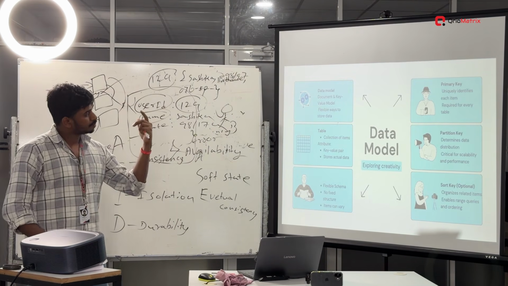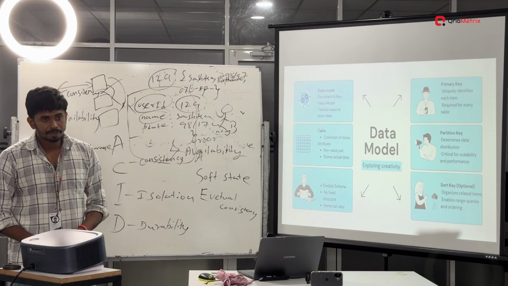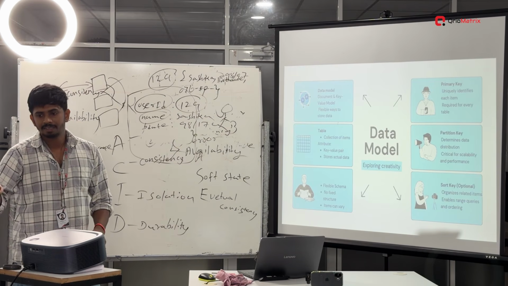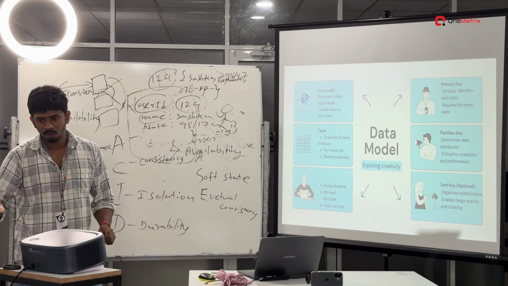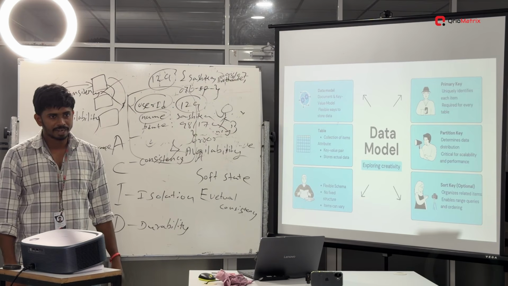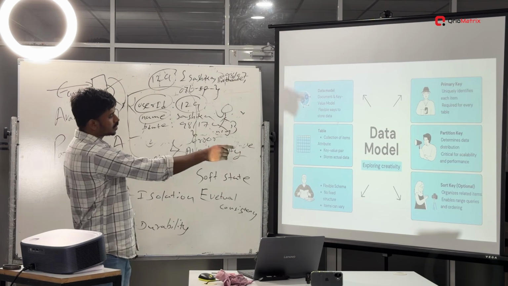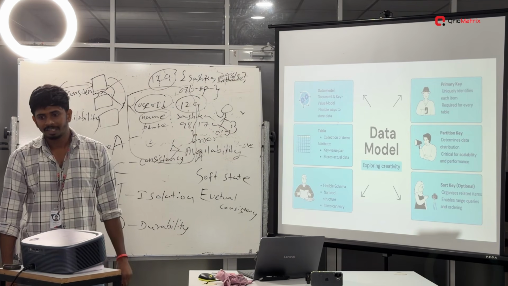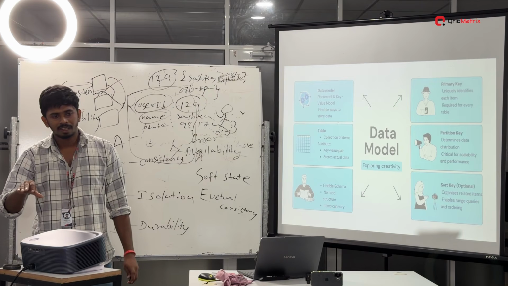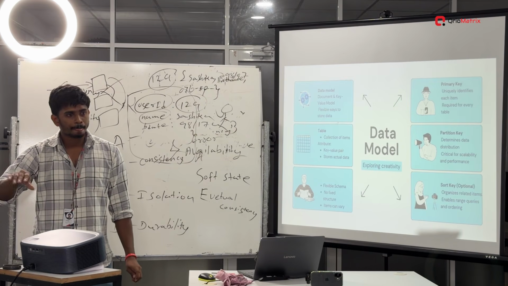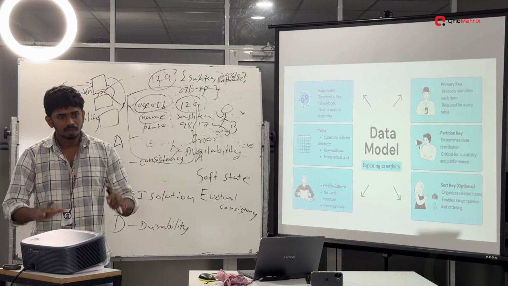Because it's stored in the same physical location, we can get it easily, because the database already knows where all this data is stored, right? And the sort key guarantees how the data is organized inside that physical location.